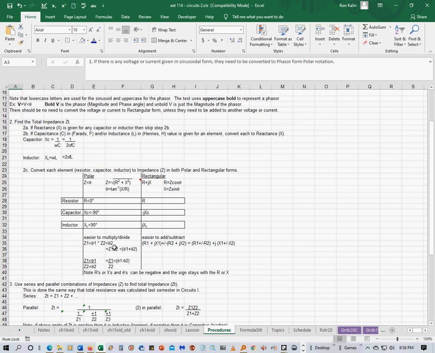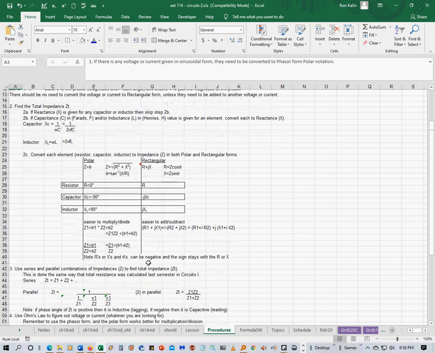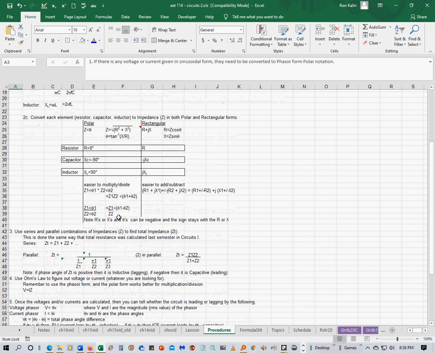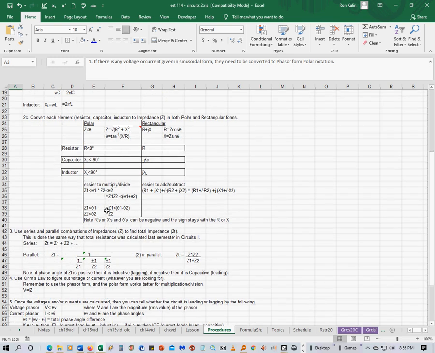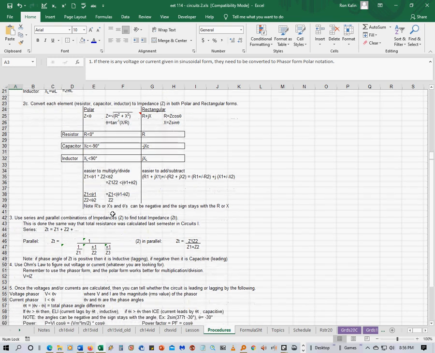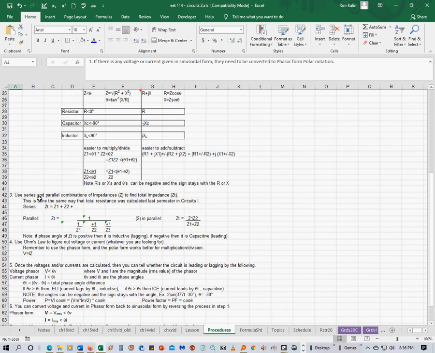So if you have to add, you would convert each element into its rectangular form, add them together, and then do your calculations that way. And then if you had to do any division, you would convert them to their polar forms and then do that. Then use series and parallel combinations of impedances to find the total impedance.